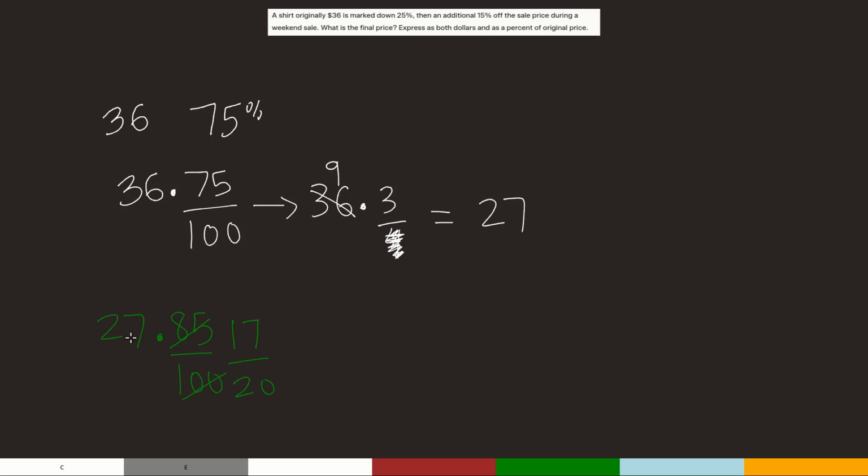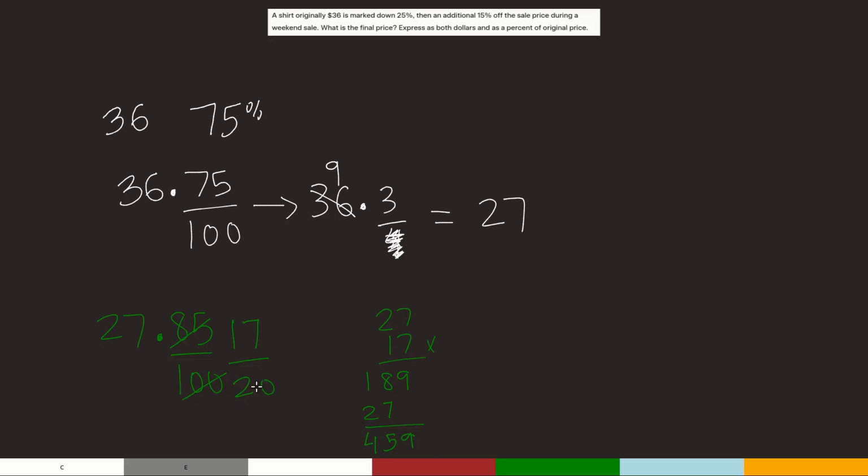Alright, so 27 times 17 divided by 20. 7 times 7 is 49, carry the 4. Then 7 times 2 is 14, plus 4 is 18... and then that's 27 times 17, 459.